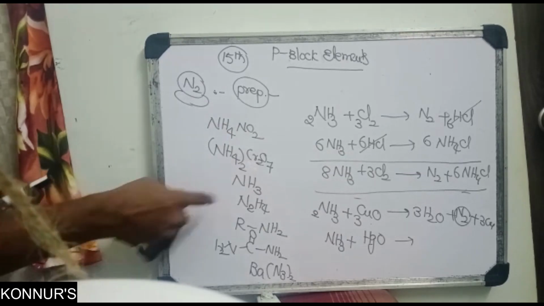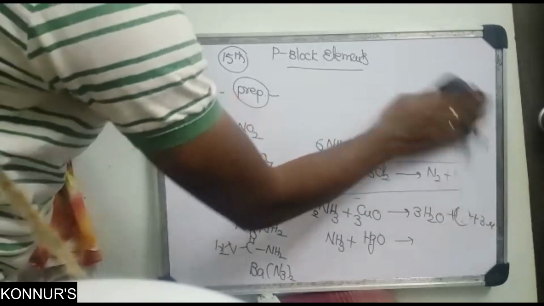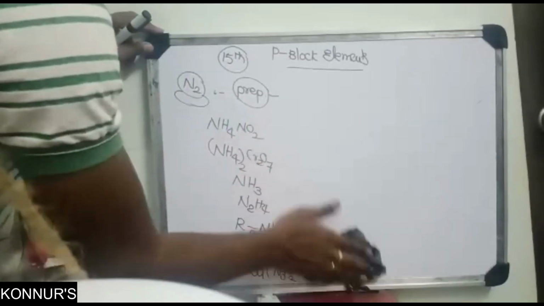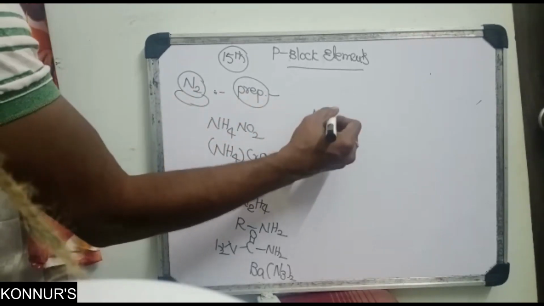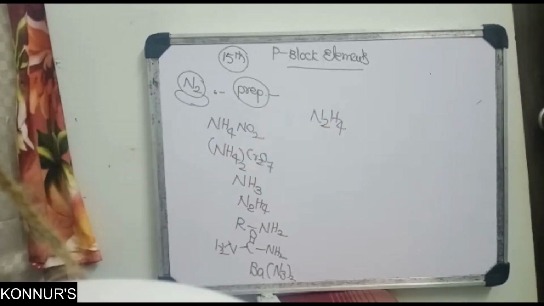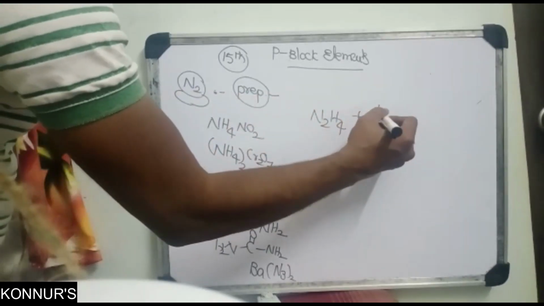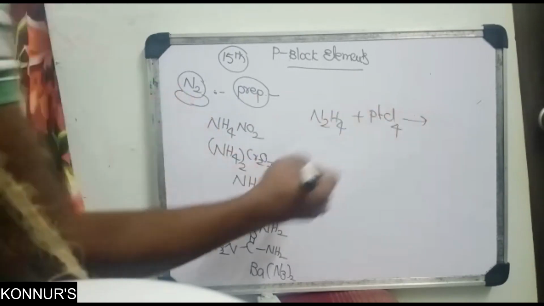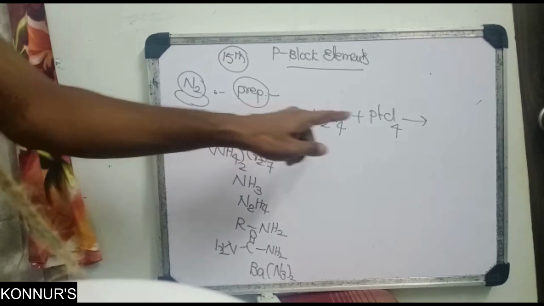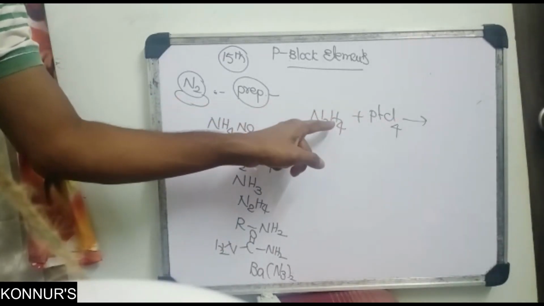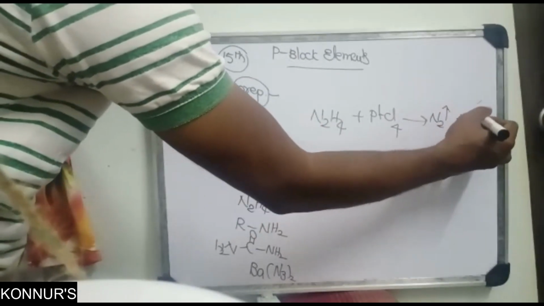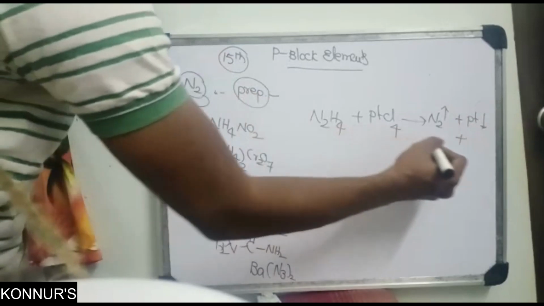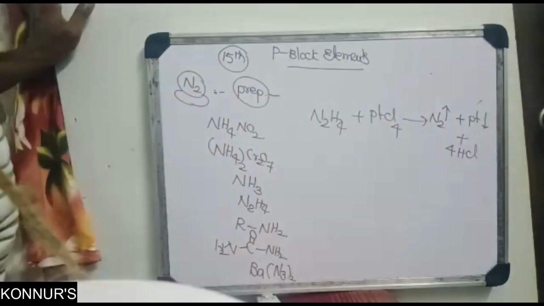Next, similarly N2H4 also. Suppose you take N2H4, hydrazine, similar to ammonia. You treat it with platinum chloride, PtCl4. Platinum is a noble metal, so its compounds are unstable. It supplies chlorine, and it supplies hydrogen. Then nitrogen gas is coming, platinum is separated, plus 4HCl comes outside.